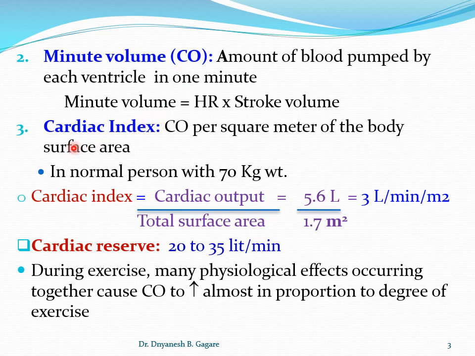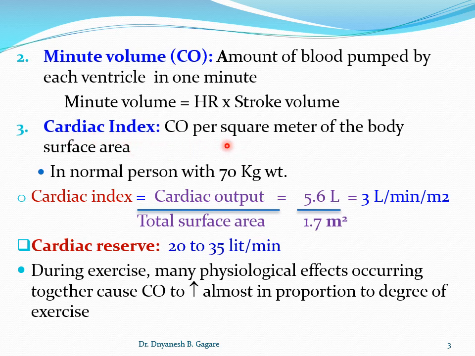Okay. Third terminology, and it is always calculated, that is the cardiac index. It is one of the important parameters like blood pressure, heart rate, height, weight. Like this, cardiac index is also measured or calculated. So what is cardiac index?